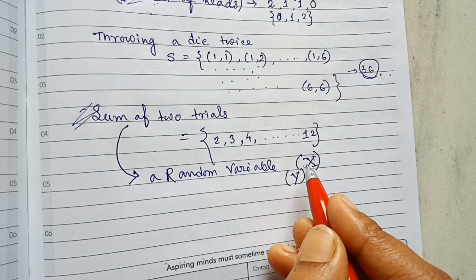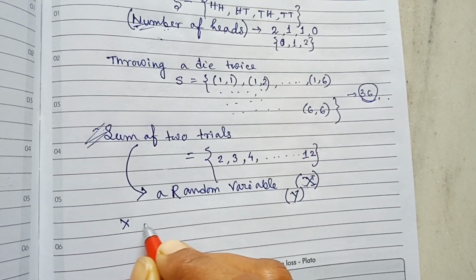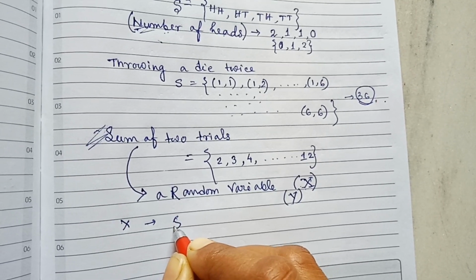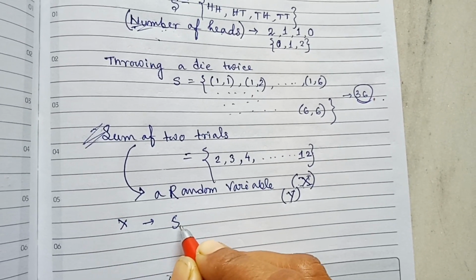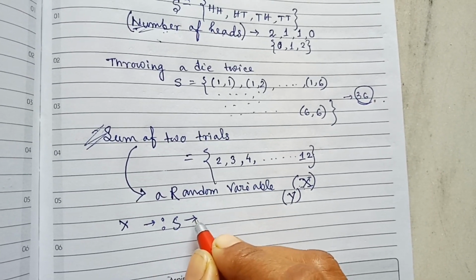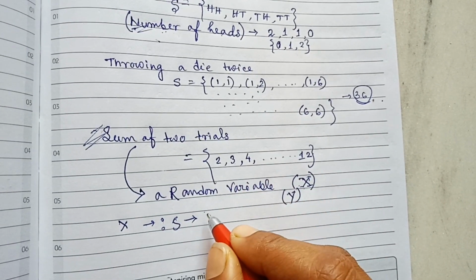So X is quite like a function where X operates on the sample space, and then from the sample space we are getting the final value set.